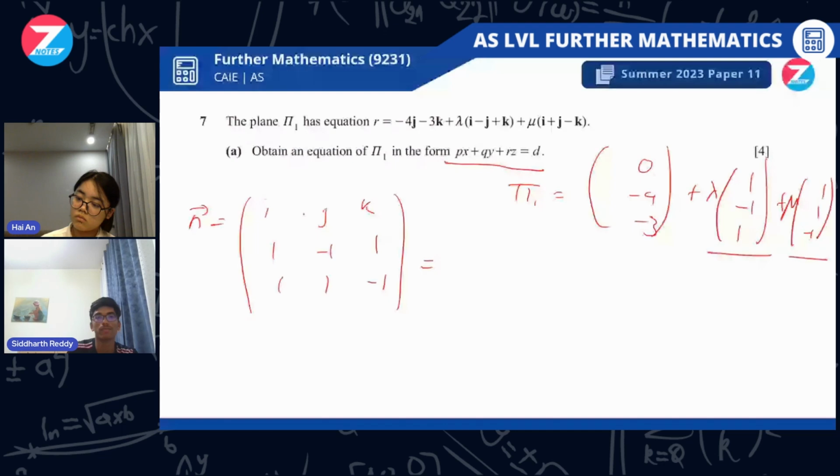That's equal to, so take i and take the determinant of the remaining. So that's AD minus BC: minus 1 into minus 1, 1 minus 1 into 1, that's 0, i. Now let's take j. So that's 1 into minus 1, which is minus 1, minus BC, AD, once again AD minus BC.